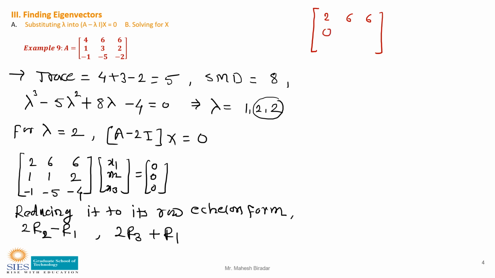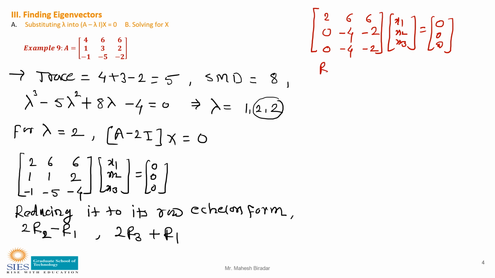So 2 minus 6 is minus 4, then 4 minus 6 is minus 2. Second row is 0, minus 4, minus 2, and third row is also 0, minus 4 and minus 2 itself, into x1, x2, x3 is equal to 0, 0 and 0.